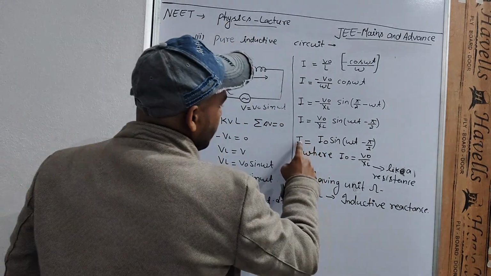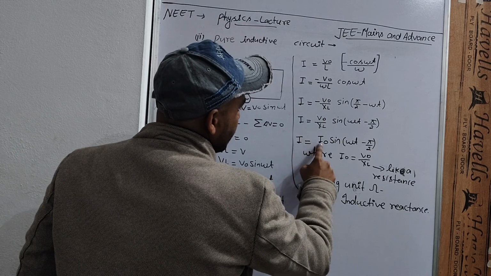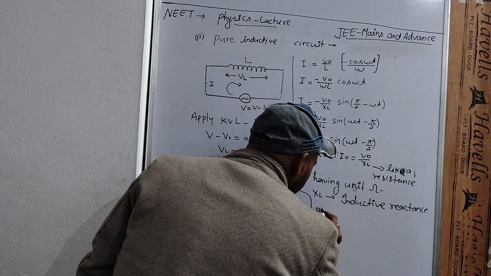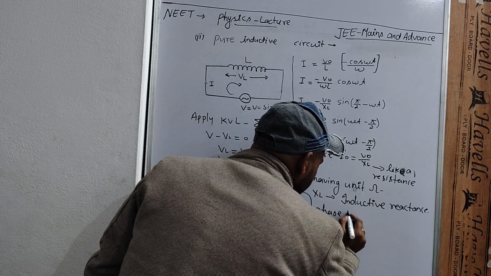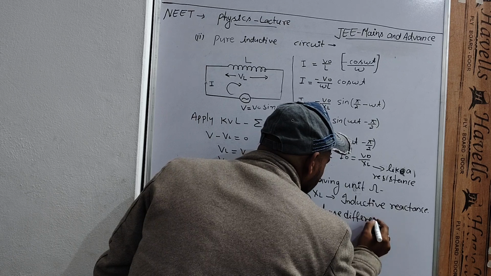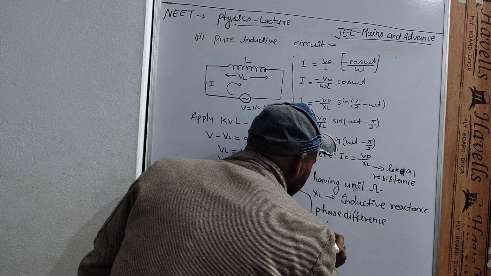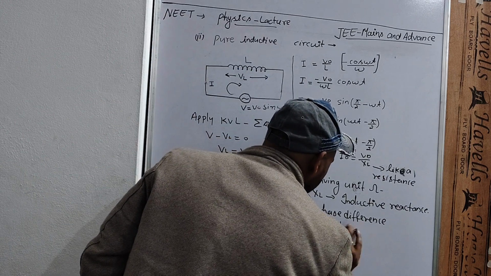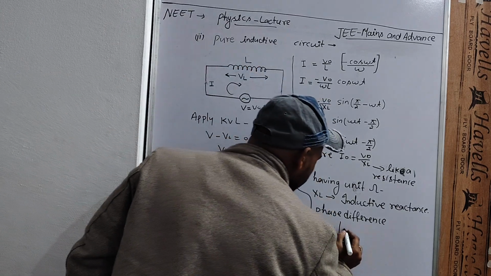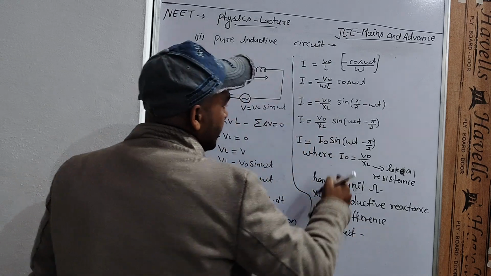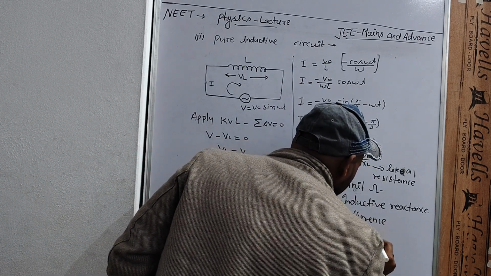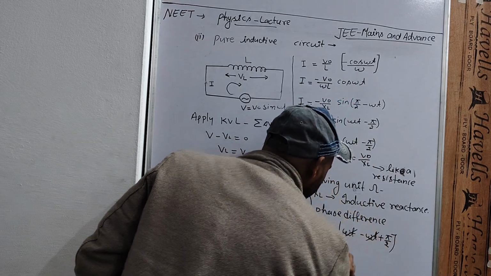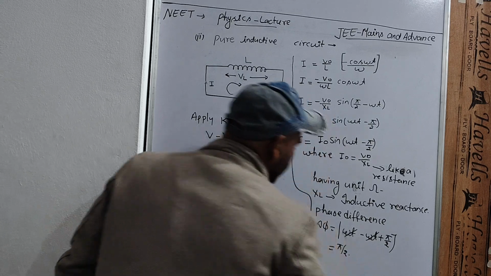Now we have found the equation of instantaneous current: I is equal to I naught sine omega t minus pi by 2. It means that the phase difference delta phi, where the phase of V is omega t, minus the phase of I, omega t minus pi by 2, now becomes pi by 2.